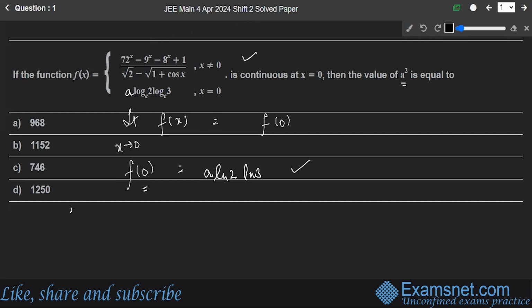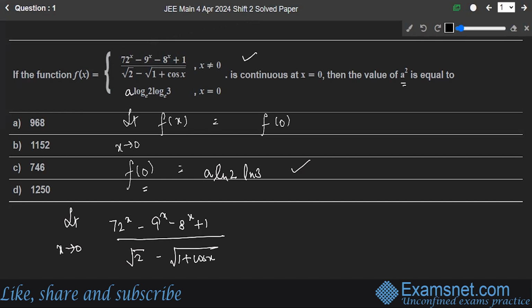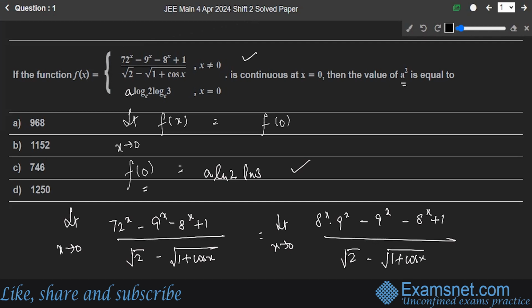Now, when x is not equal to 0, so let's say x is approaching 0, then the function is given by 72 power x minus 9 power x minus 8 power x plus 1, divided by root of 2 minus root of 1 plus cos x. I'll break up 72 raised to power x as 8 power x into 9 power x. At the same time, let's rationalize the denominator, multiplying by root 2 plus root of 1 plus cos x.